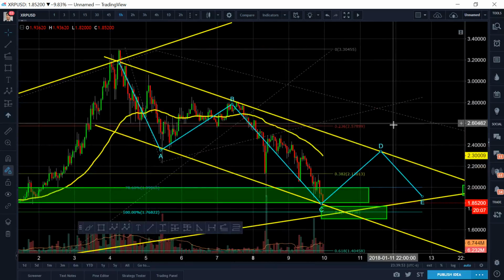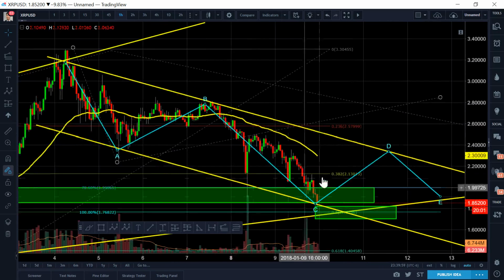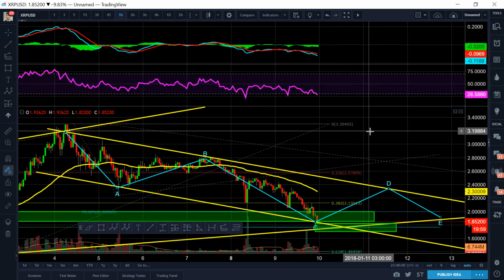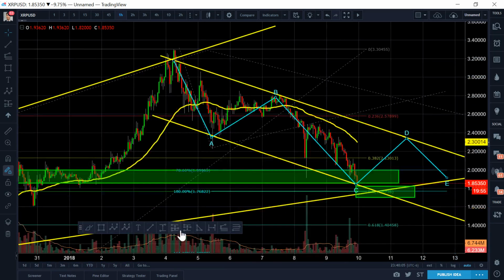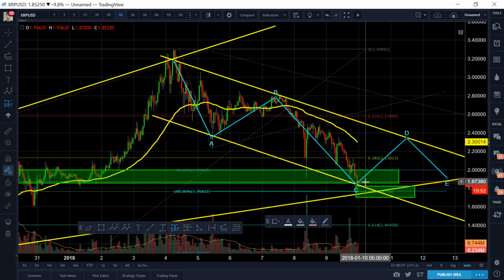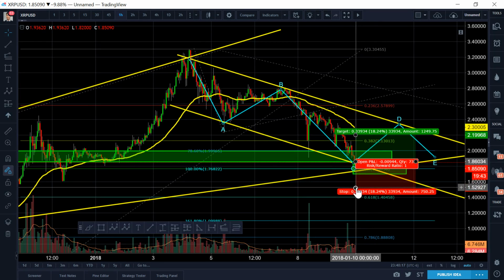I'm more focusing on swing trading positions. So my entry will be right here, somewhere in this area. We'll say where it is now, sure. And I'll allocate myself a risk.